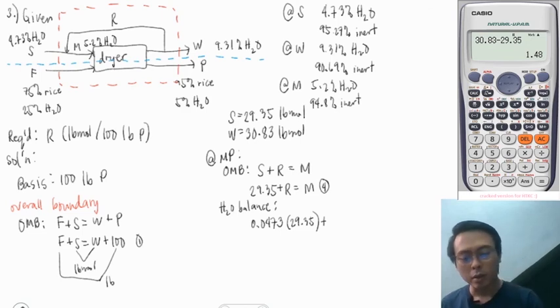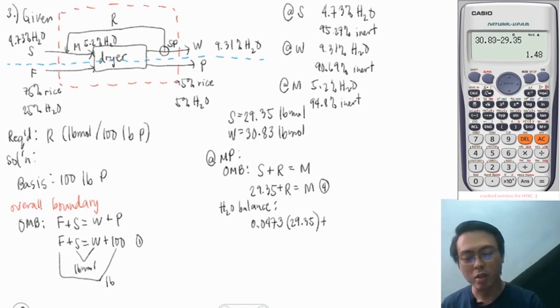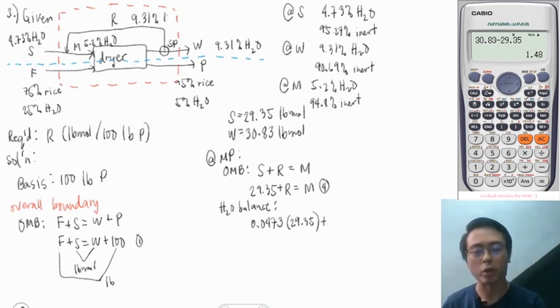Now take a look at the splitting point here. Remember, splitting points always have the same compositions for their inputs and their outputs. One of the outputs for the splitting point is W, which contains 9.31% water. That would mean that the recycled stream should also contain 9.31% water.